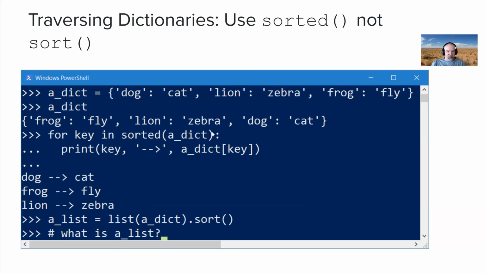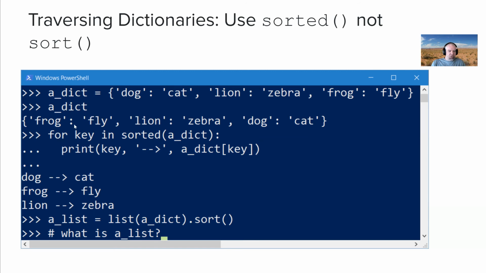So in the first iteration, key will take on the value of the first key in the sorted version of a_dict. If you sort it, it's sorted, I think, by ASCII value. But if they're all strings, it'll sort them in alphabetical order.